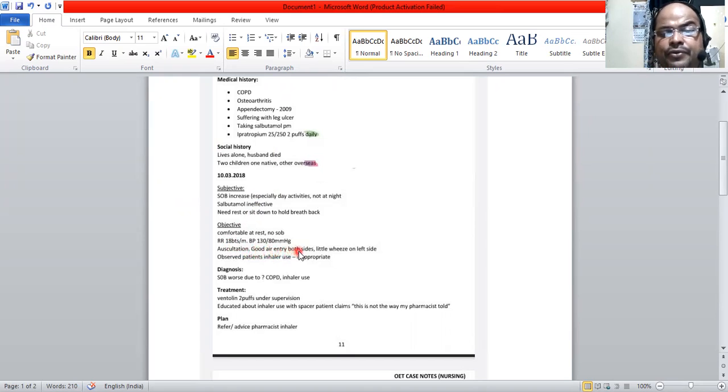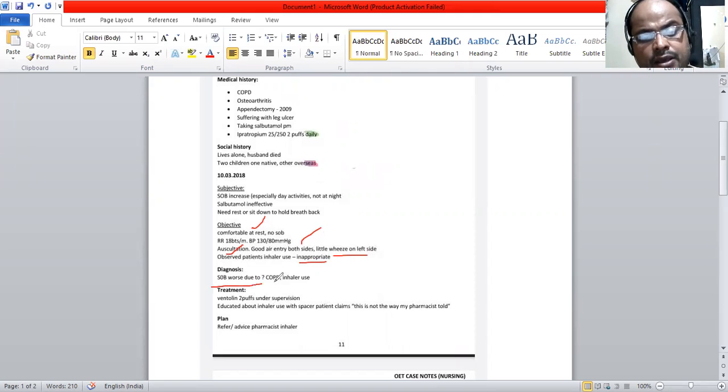On auscultation, there is good air entry on both sides and a little wheeze on the left side of the lung, which is notable. You observed the patient's inhaler use, and this is crucial: it is inappropriate. The patient is comfortable at rest, and you auscultated and found no major problem, just a small problem, the wheeze on the left lung.